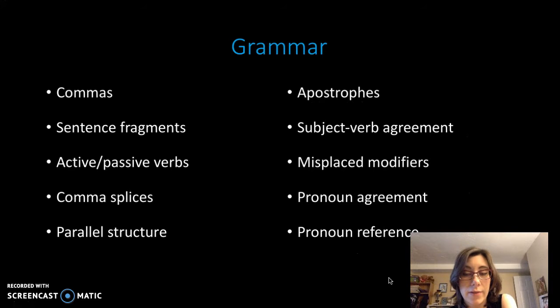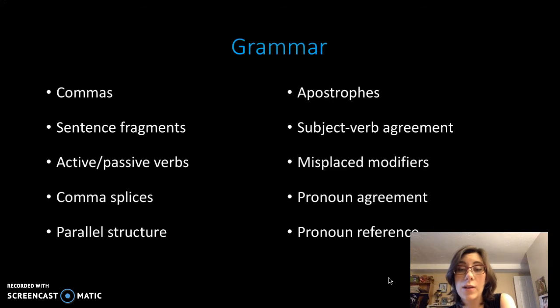Once you're good on that, then think about grammar. And these are all the kinds of grammar we've talked about throughout the session. We talked about commas. You studied and looked at sentence fragments, active and passive, comma splices, parallel structure, apostrophes, subject-verb agreement, misplaced modifiers, pronoun agreement, and pronoun reference.